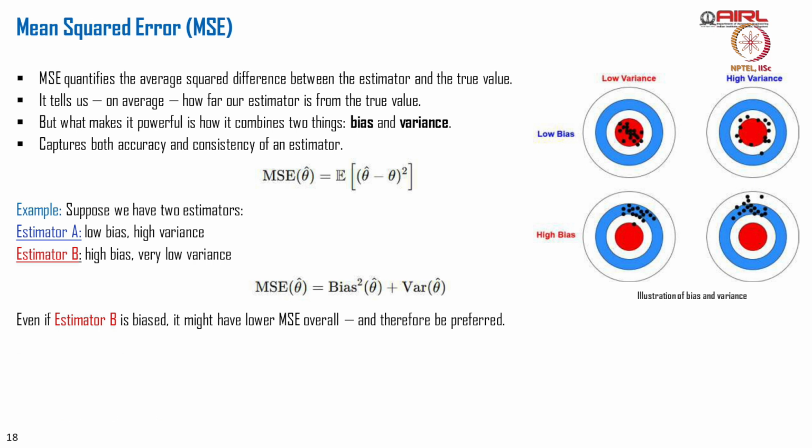Suppose you have 4 different estimators. Let us compare 2 of them. One estimator has low bias but high variance. Another estimator has high bias but very low variance. What is better? Estimator B is better, because the variance is small, and therefore it is preferred even though there is a bias.